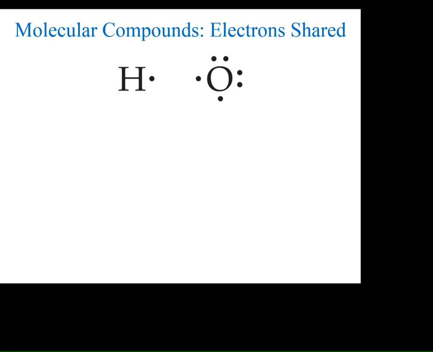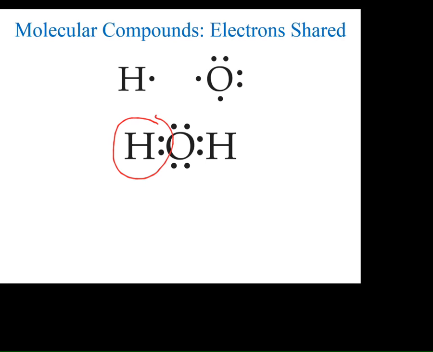Okay, so one hydrogen could come in and share here. Another one could come in, let's say, share there. So you can imagine it being kind of like this. So when you're done, what's happened? Well, now hydrogen is happy because hydrogen has its structure we call the duet, right? So it's got 2 electrons by it.